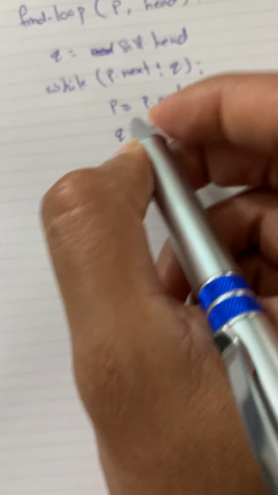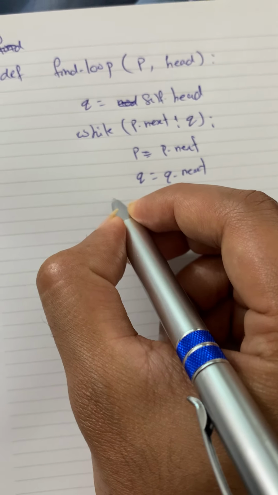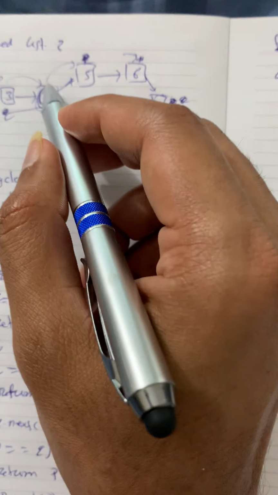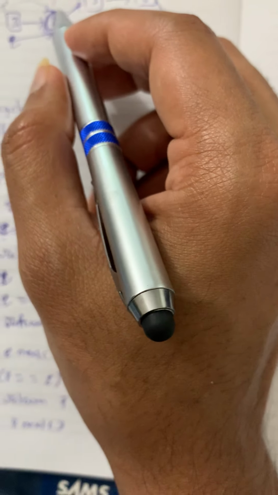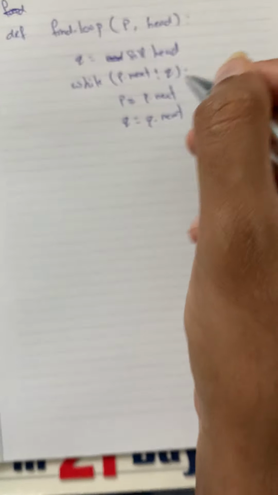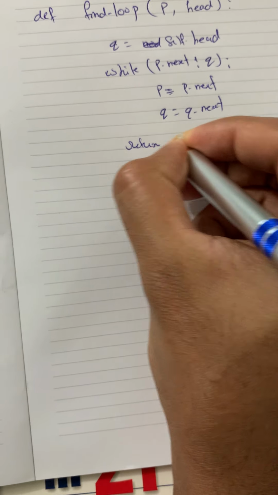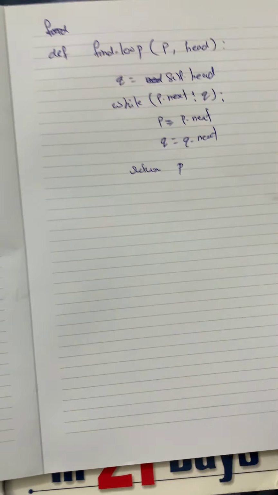Once it reaches this point, we just return this point, return p or q, we just return q.